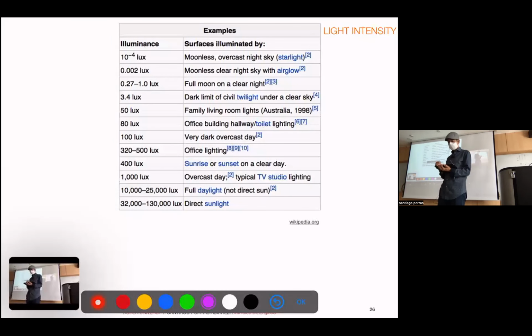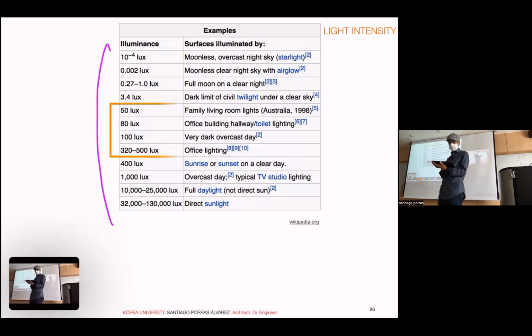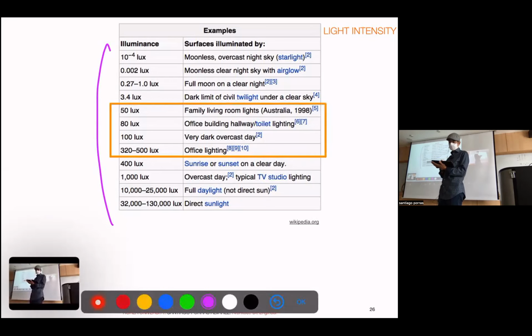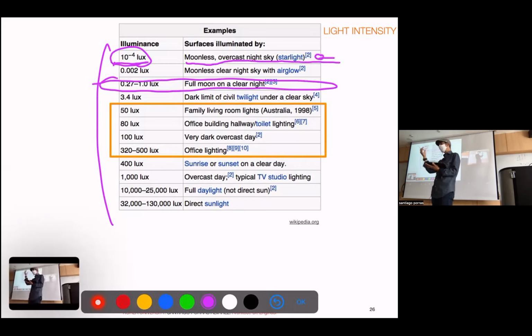So these are some examples of light intensity we can find in nature. As we said, the one lux is full moon, right? 10 to the -4 is the really, really dark night, but still our eyes can have some kind of vision there, right?